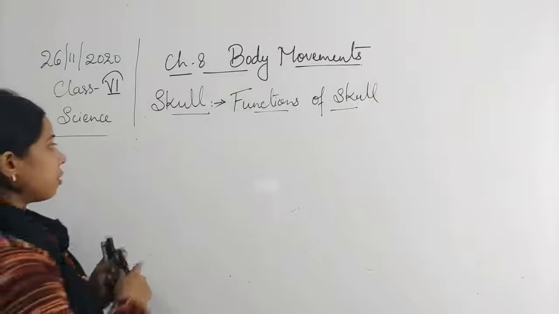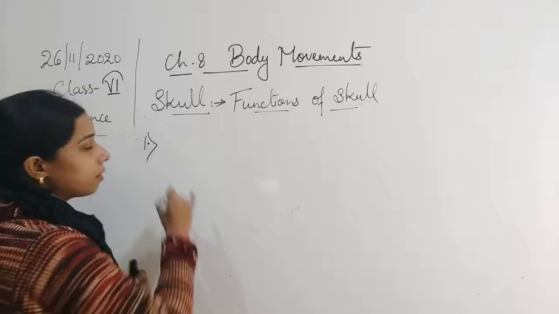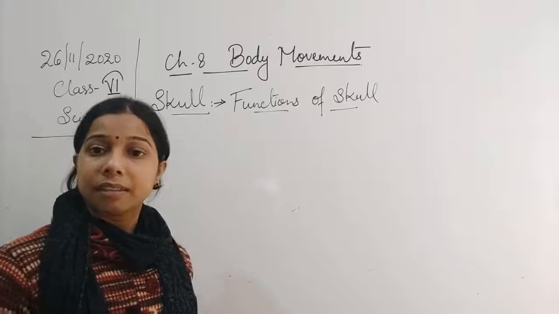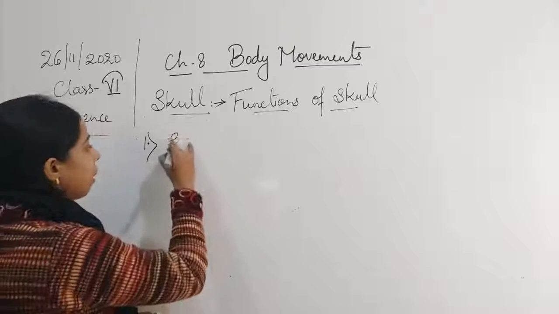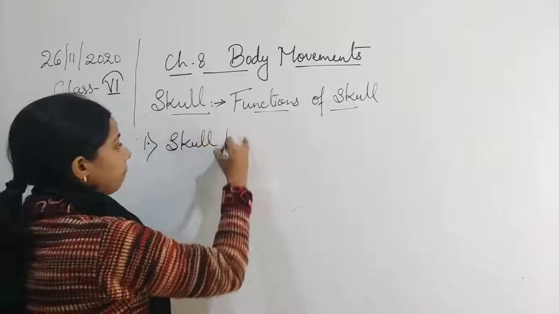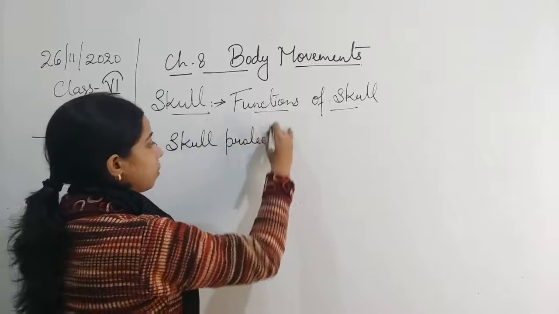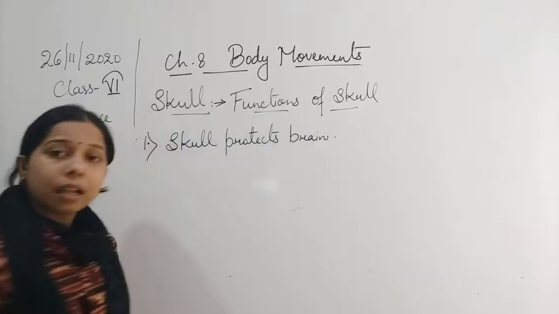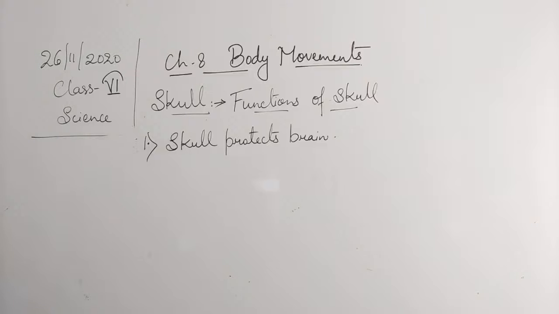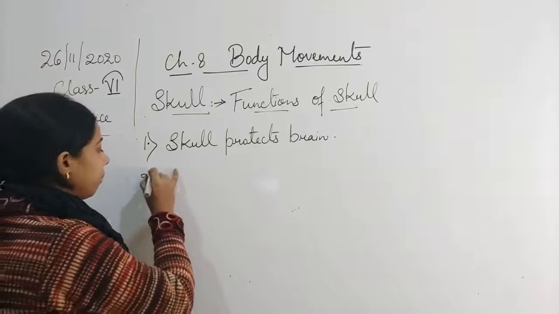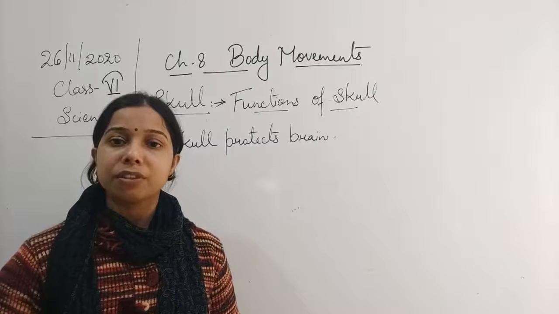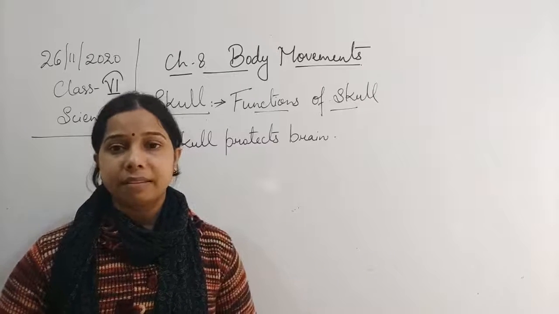The first function, I hope you know, is that it helps in protecting the brain. We discussed that the skull protects the brain. Second, it also helps in protecting the sense organs which are present in our face.